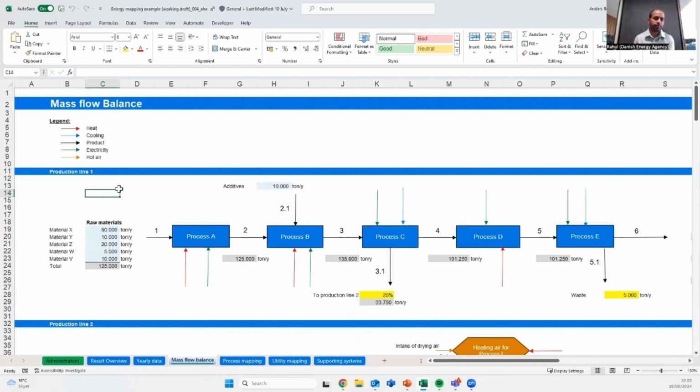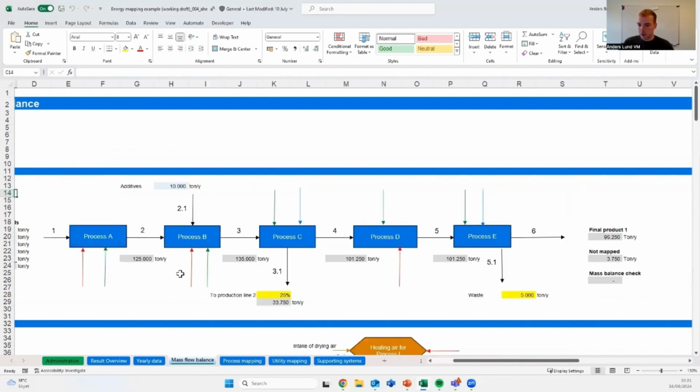So we have all our raw materials coming in, referring to the yearly data sheet here. And then we have labeled all our streams going through the processes. And then here we will mark whether it uses or consumes energy. Here we have the red one is heating, and then we have electricity for the green one. Then we can follow the mass flow throughout the system.